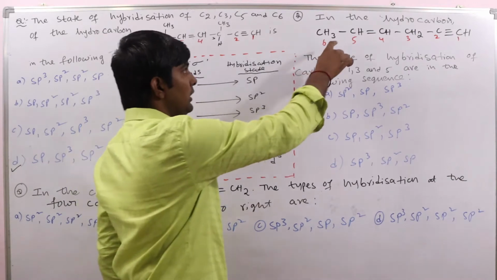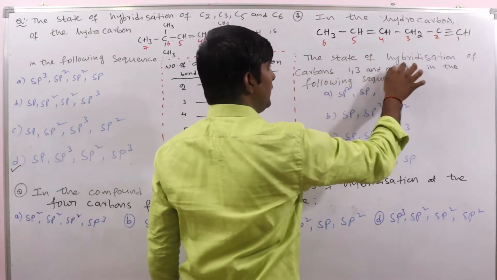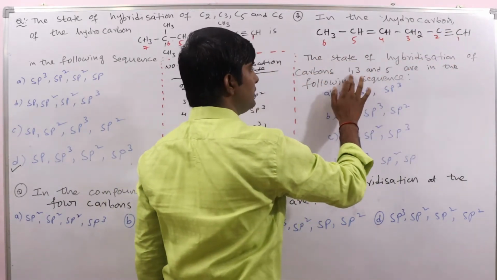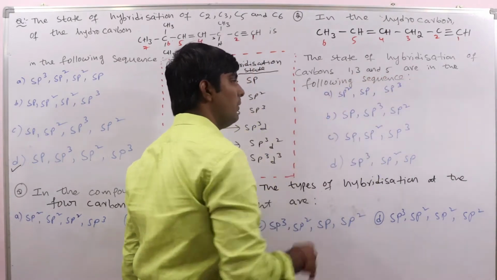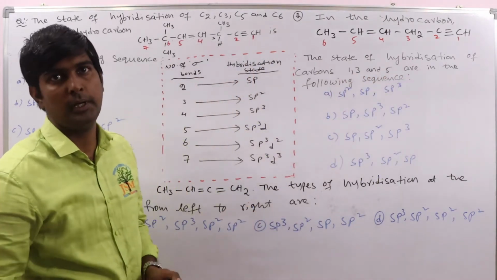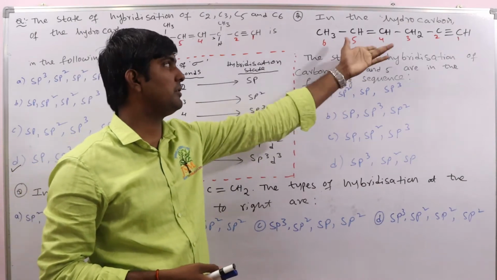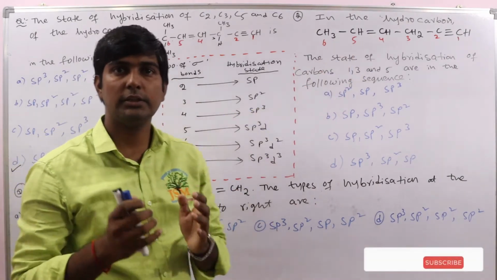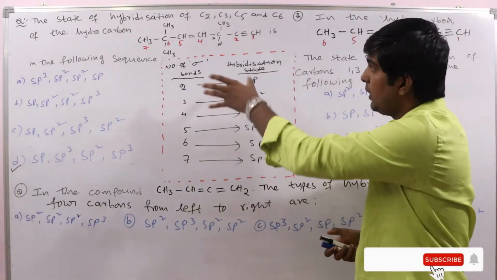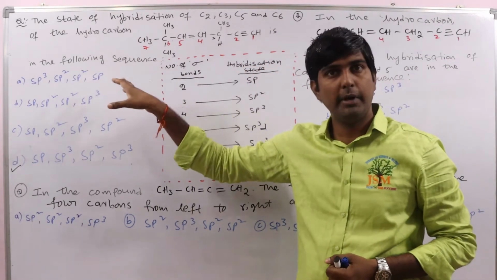Next, in the hydrocarbon, the state of hybridization of the carbons 1, 3 and 5 are in the following sequence. Same concept. In this problem, just the molecule is changed. You have to understand how to identify the hybridization state.